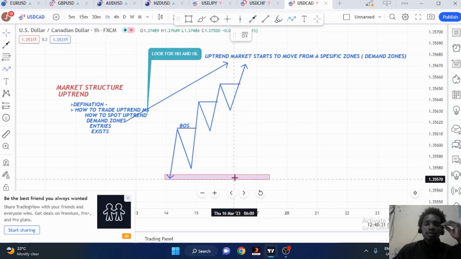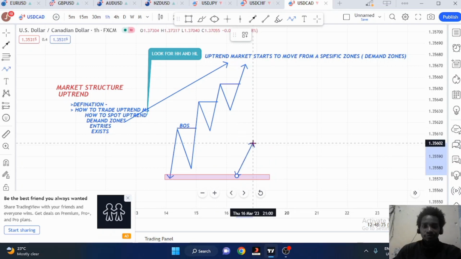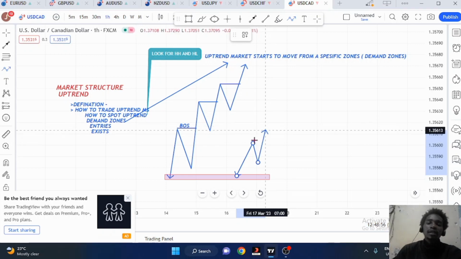The market at first will move from this zone to make a high like this. You will not immediately enter a buy from this position, since the market first has to make a pullback to a certain level, and from that zone the market goes up, breaking the previous high and creating another swing high like this.